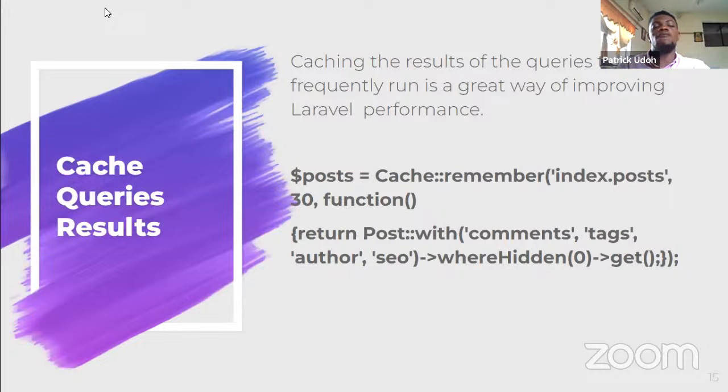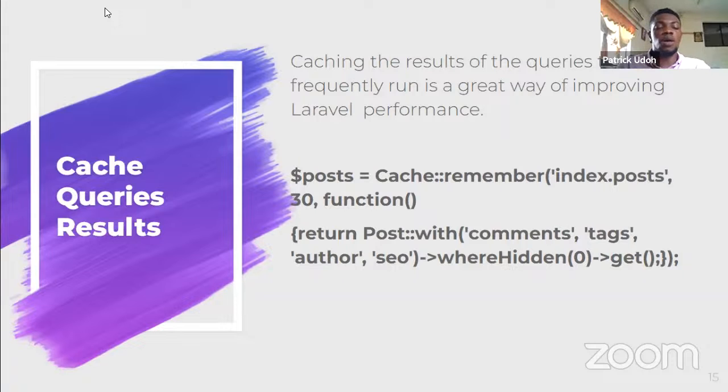Next time you visit that page on that same phone or device, it shouldn't take much time, it shouldn't even run the query again. It's just going to give it to you because the results of that query have already been cached, depending on the cache you use. It does not need to run that query again, it just fetches it for you.